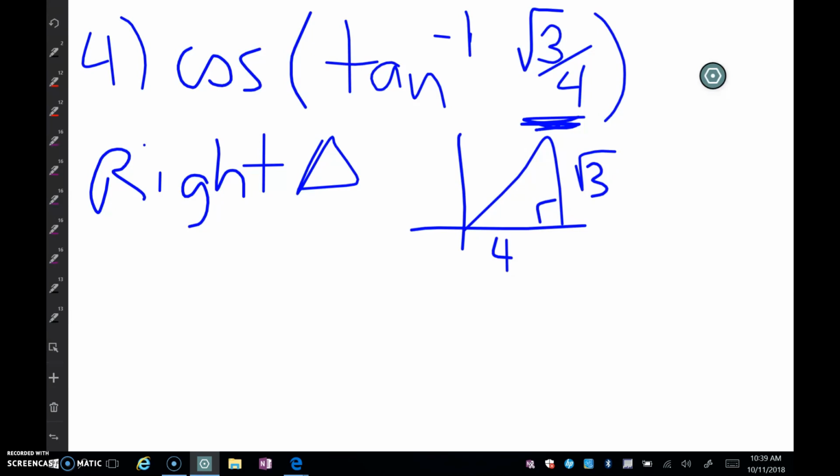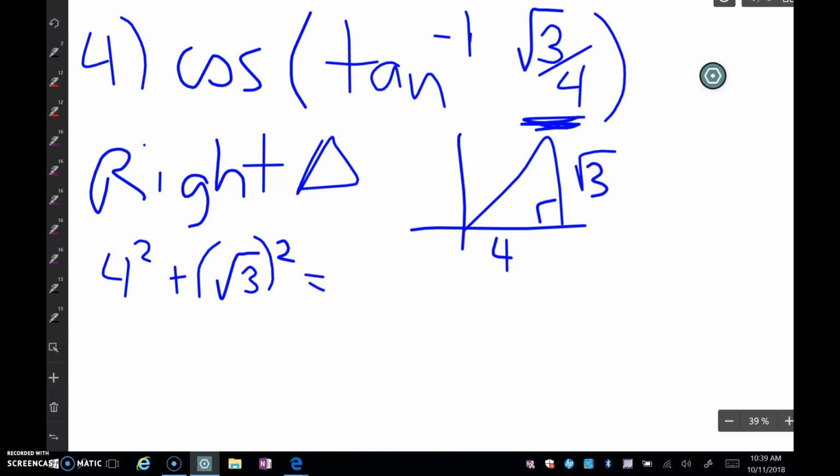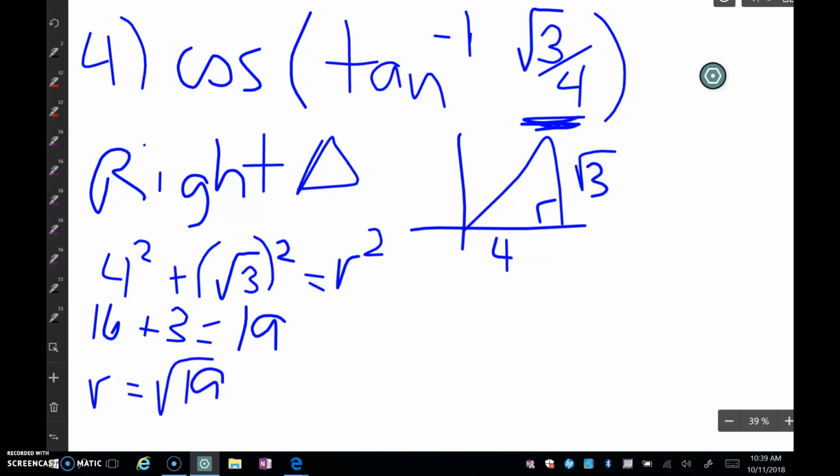If I do the Pythagorean theorem here, I have 4 squared plus the square root of 3 squared, giving me my hypotenuse squared. So that's 16 plus 3, which is 19. So that r squared is 19, and that means that r is the square root of 19. So my hypotenuse is that.